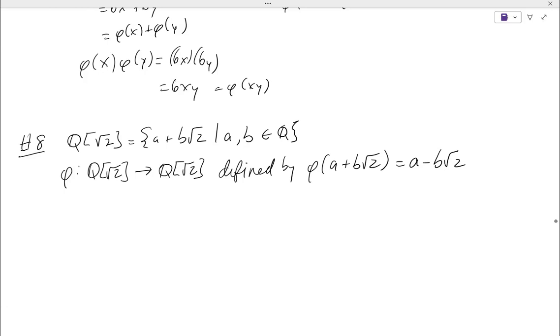Usually well-defined only comes up if you are trying to define a function dependent on its representation. Remember I mentioned the other day, if you have a function defined on a rational number as r over s, and you said you wanted to make that equal to r, that causes a problem if r over s isn't in lowest terms.